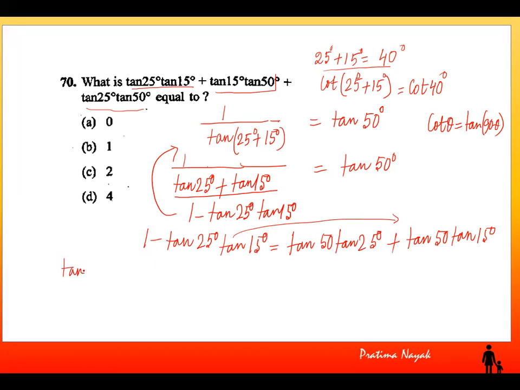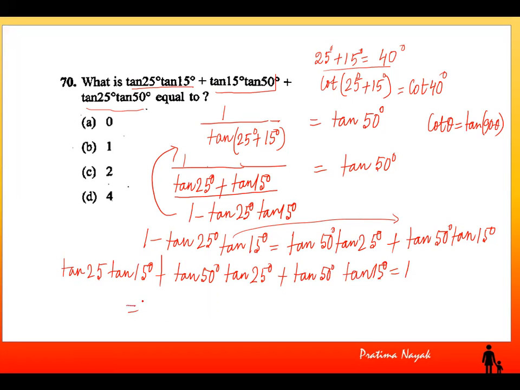So tan 25 tan 15 plus tan 50 tan 25 plus tan 50 into tan 15 is equal to 1. So B is the answer.